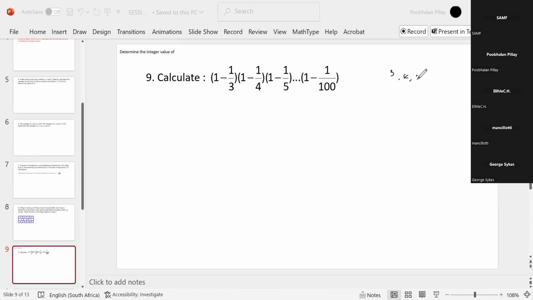Now, how many numbers are there in that list? Well, you might think it's 97, some of you, but it's actually not 97. The reason is that the numbers which are missing are 1 and 2.